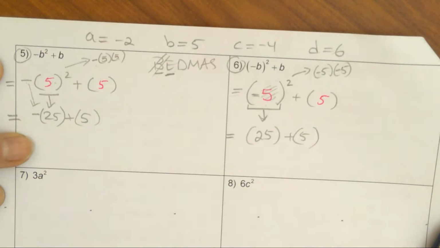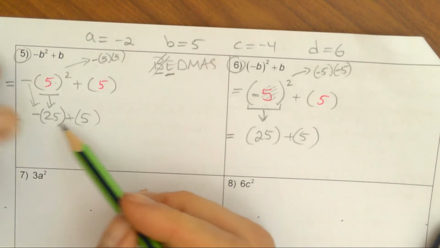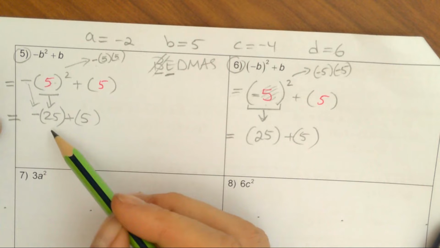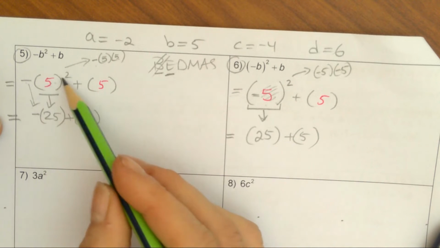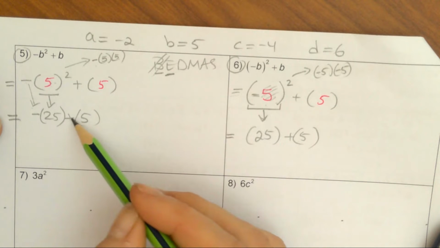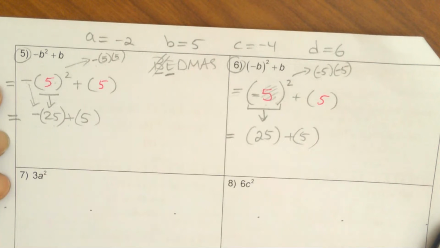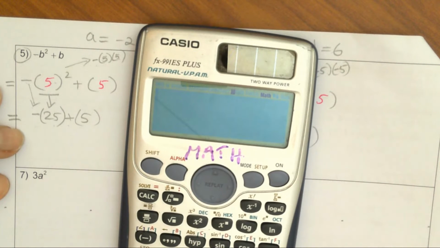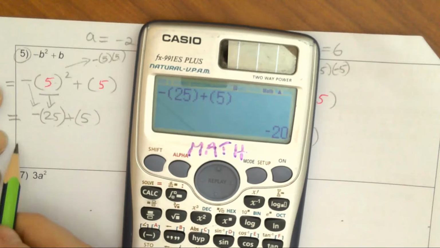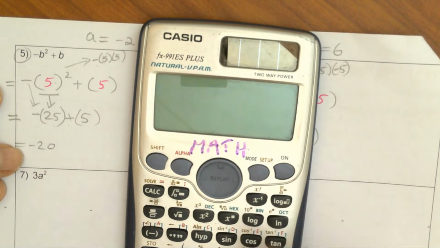Okay. Now, is that multiply or is that add? Well, let's look up. It's this plus this. So this is add. So it says I lose 25 and then I get 5 more. So -25 plus 5 is -20. Really, it's just saying I lose 25 and I get 5 more, so -20.